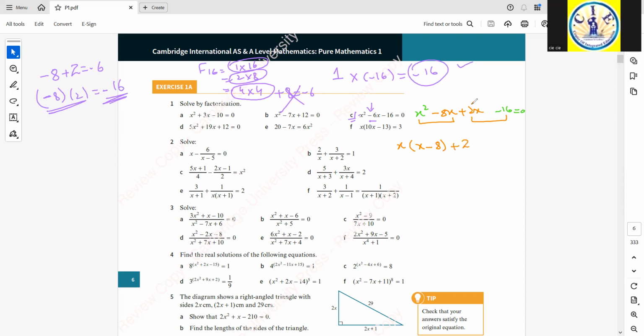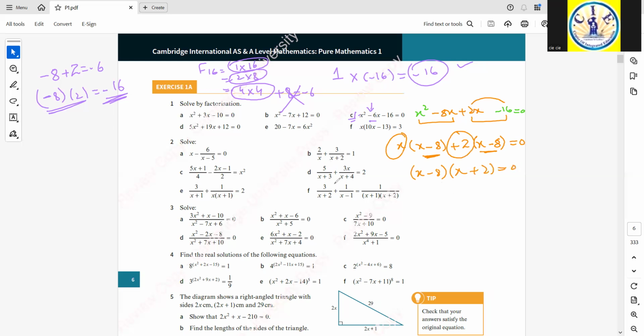Plus 2 taken common from the second group, and then x minus 8, obviously, 2 times 8 is 16. So x minus 8 equals 0. Now these are the two terms having x minus 8 as a common factor. From the first term, I'm left with x, and from the second, I'm left with plus 2.